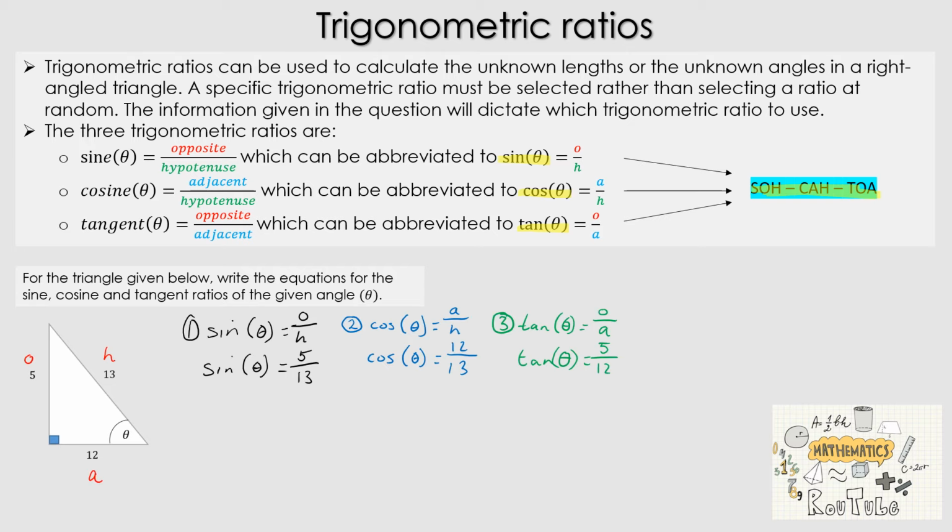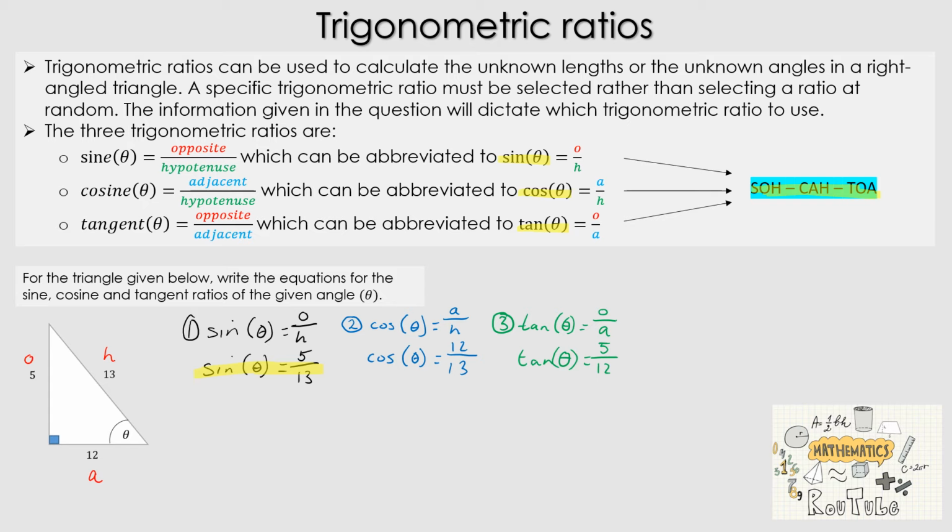Okay, so hopefully you paused the video and had a go on your own, and we've got the three answers here. I'll just highlight the three answers in yellow. So the first one, sine theta equals 5 over 13. The way we did that, like I said before, make sure you label first, which you can see I've labeled as OAH. The 5 is opposite the reference angle, which is theta, so that's why it's the opposite.